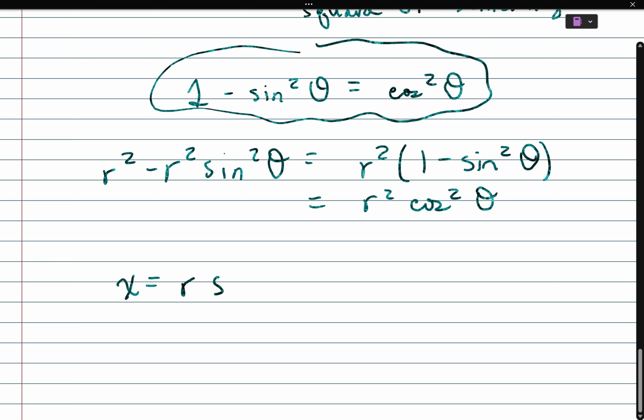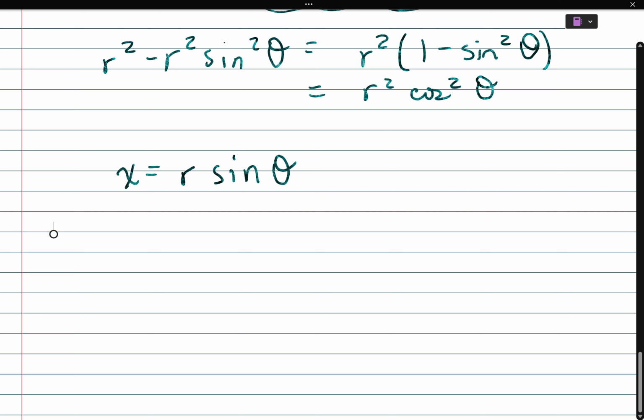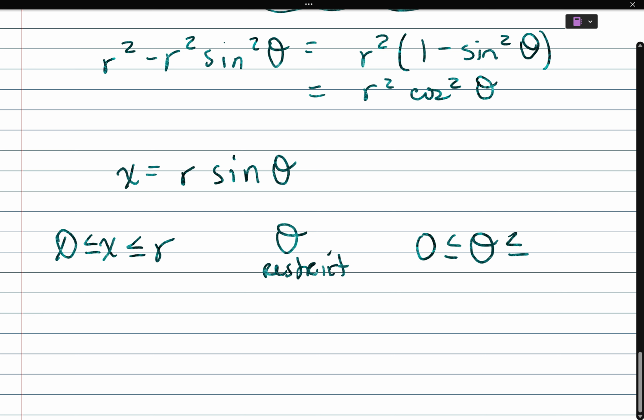So from this, since x is between 0 and r, we restrict theta so that theta is between 0 and pi over 2.